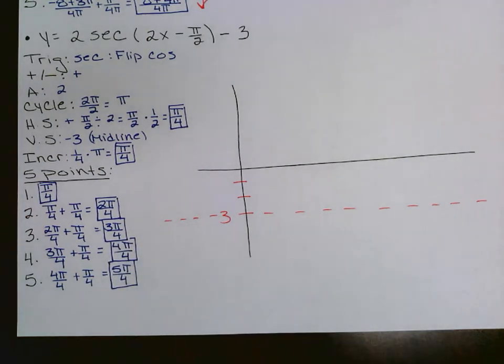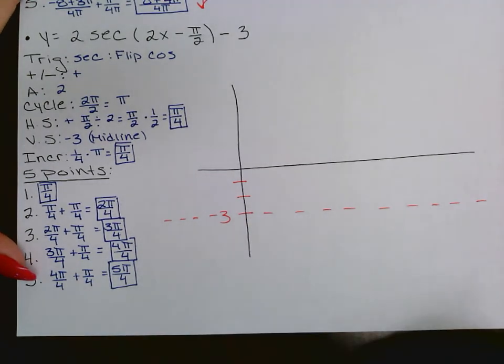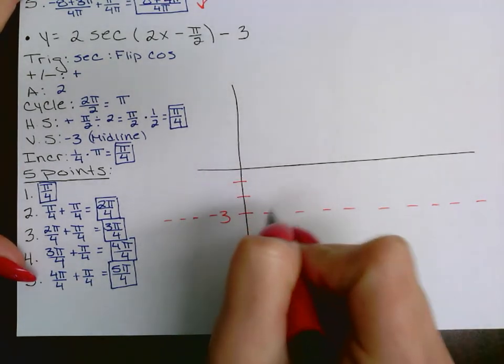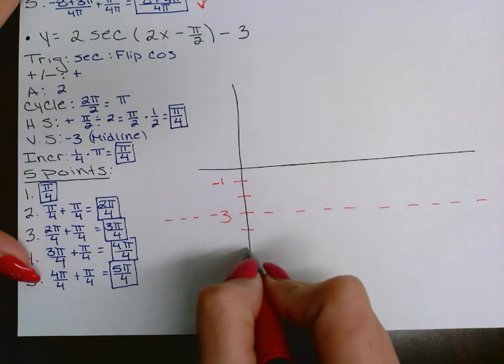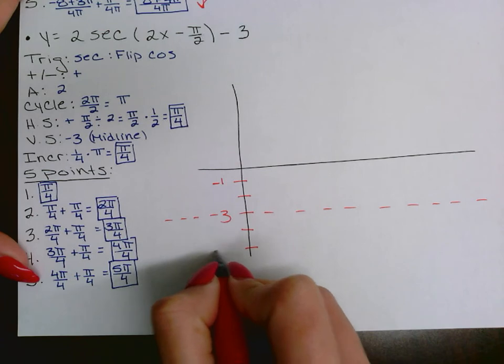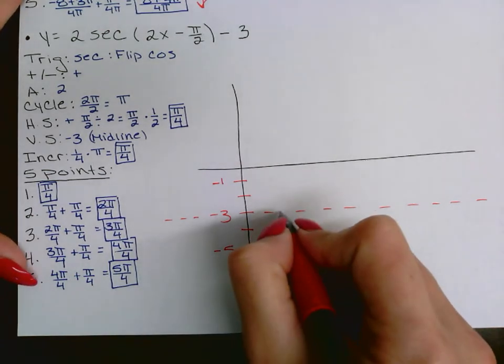Okay. Then my amplitude is 2, which means I'm going to go 2 up. If I go 2 up from -3, where do I land at? Good. And then if I go 2 down, where do I land? -5. Okay. I'm going to go ahead and write my 5 points.